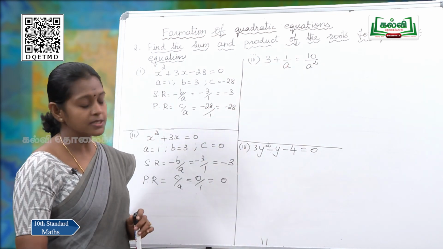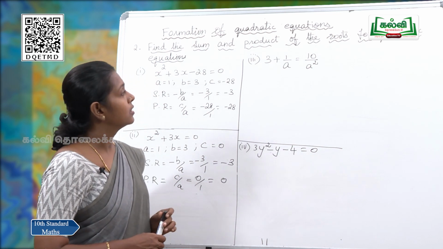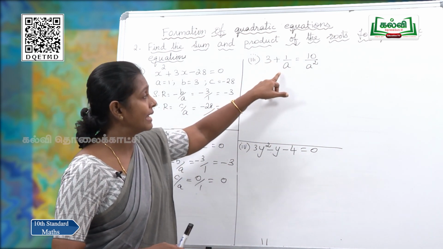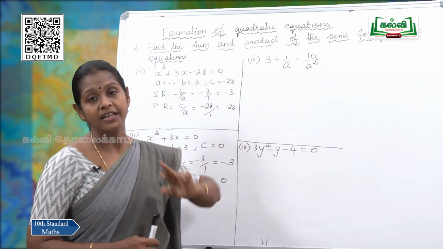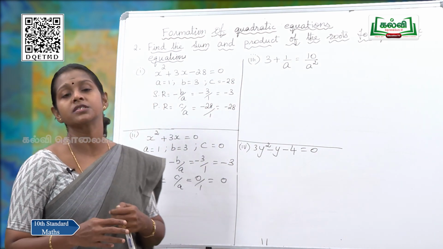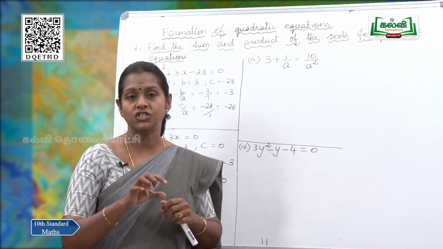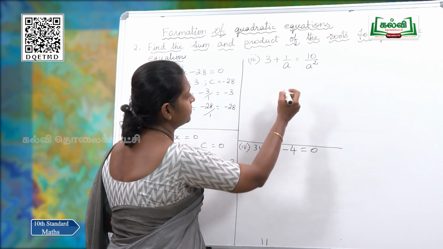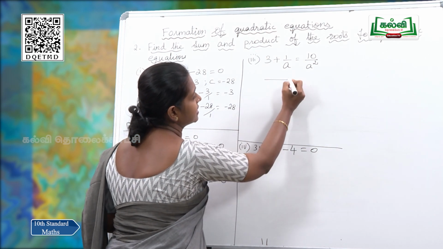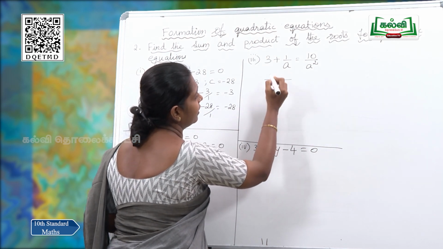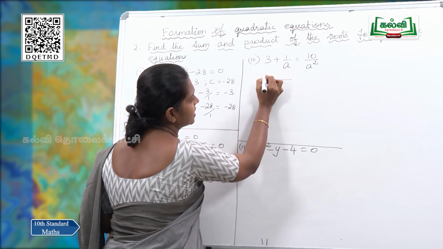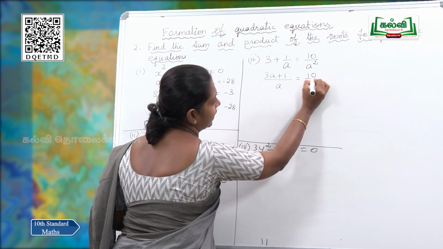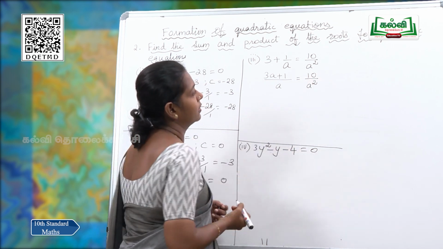See, this question is totally different because it is in the form of a fraction, and that too with A squared. Alphabetic letters are given in the question. So we have to first solve and make it a general equation of the quadratic polynomial. Now listen, take LCM A. If you take LCM, you will get 3A plus 1, which is equal to 10 by A squared.